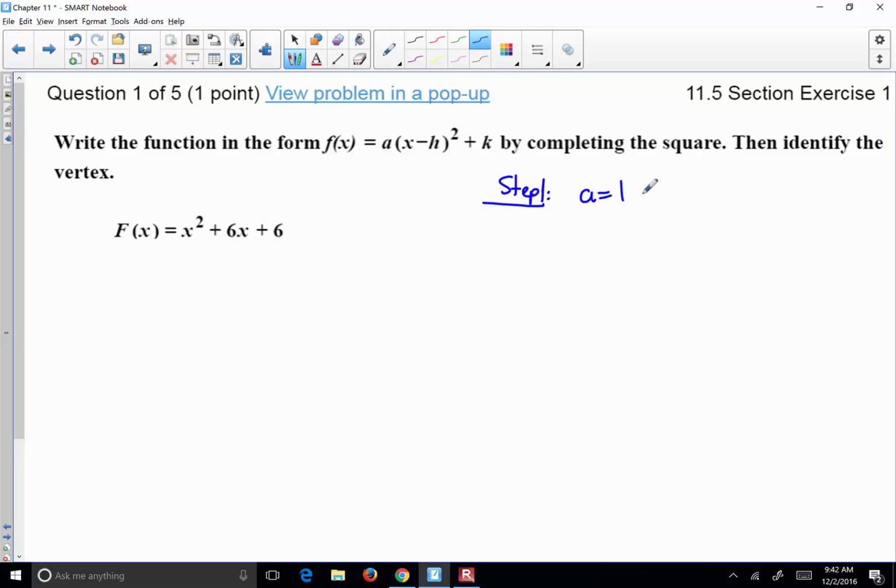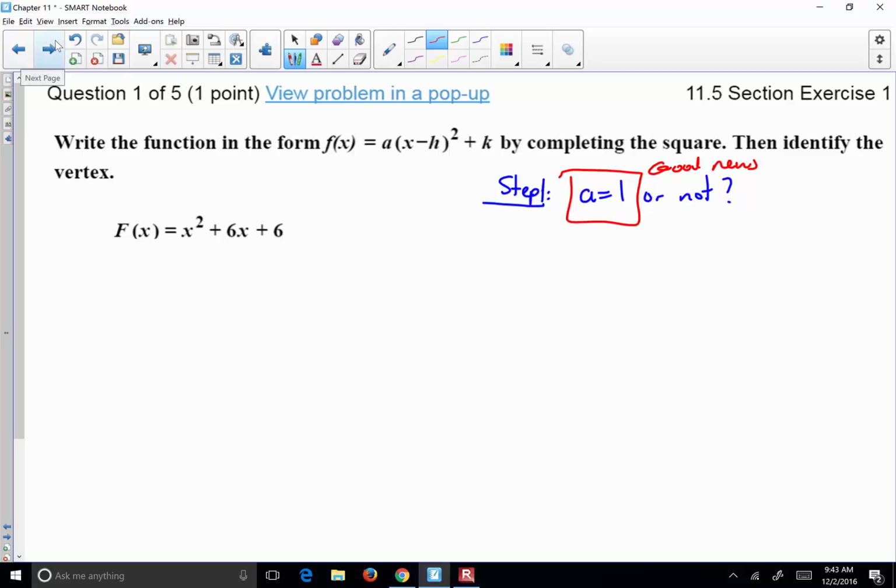Does a equal 1 or not? What is a? a is the number in front of x squared. What do you see there? 1. If it is 1, you can relax. This is good news. You don't have to do step 1.